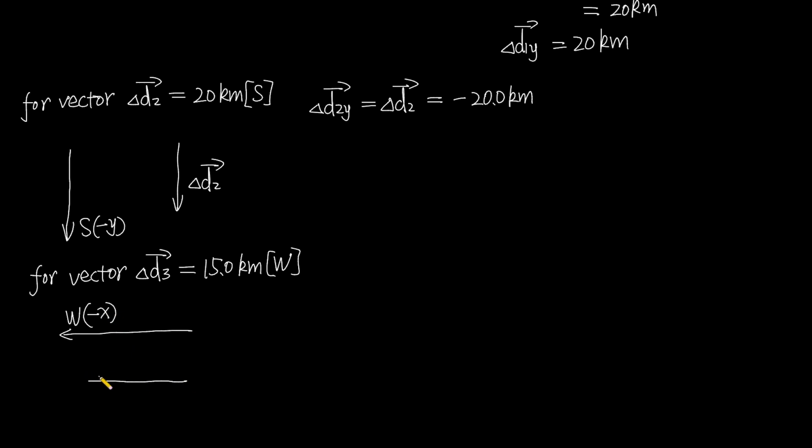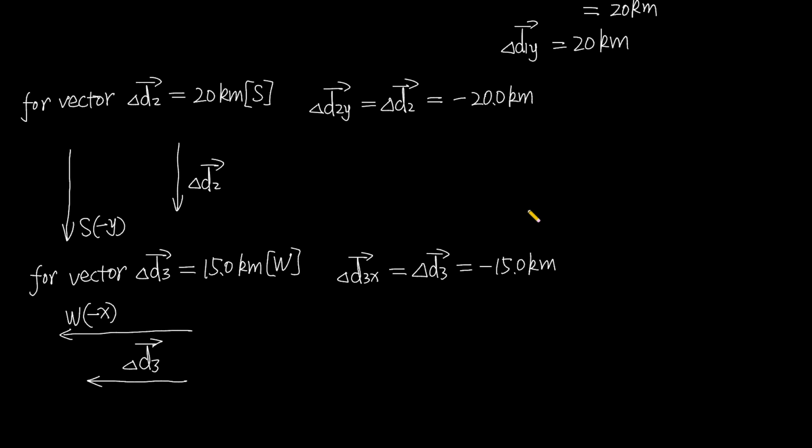And this is the vector delta d3. From the graph, we can know that the vector delta d3x just equals delta d3 vector and equals negative 15 kilometers.